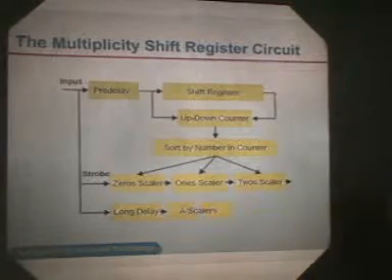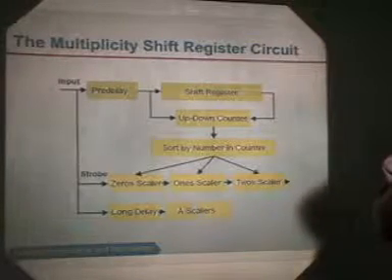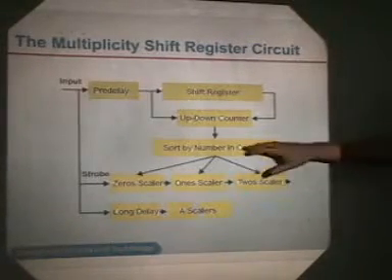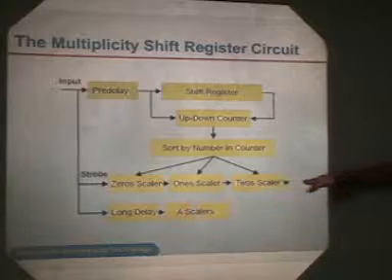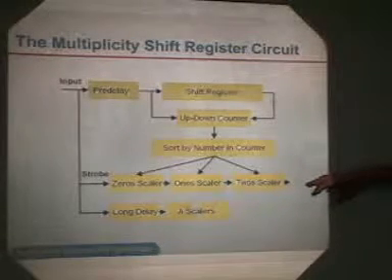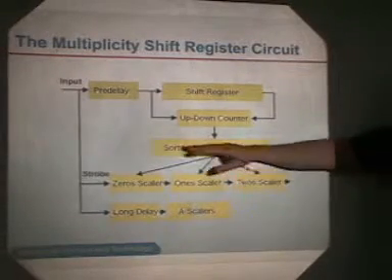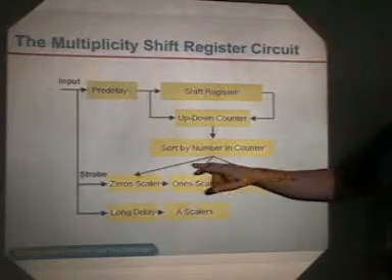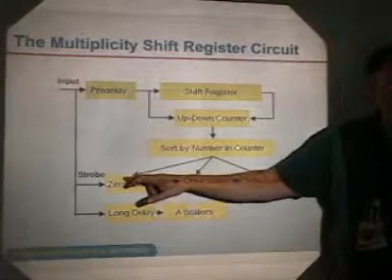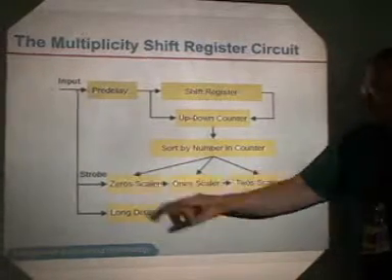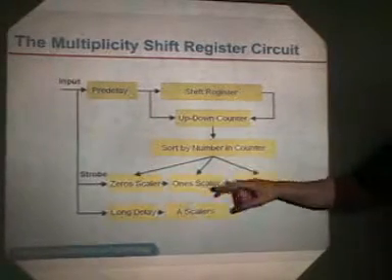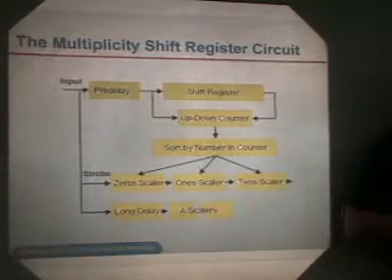And we now sort, and we have actually 256 separate scalars. So that if we have a 0 in this counter, we actually sort and get a 0 selected for the 0 scalar. If we have a 1, we go to the 1 scalar, and 2, we go to the 2 scalar.